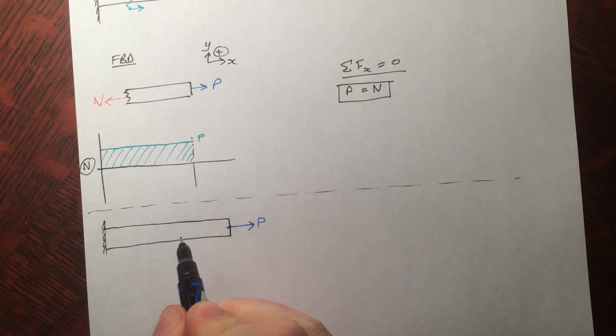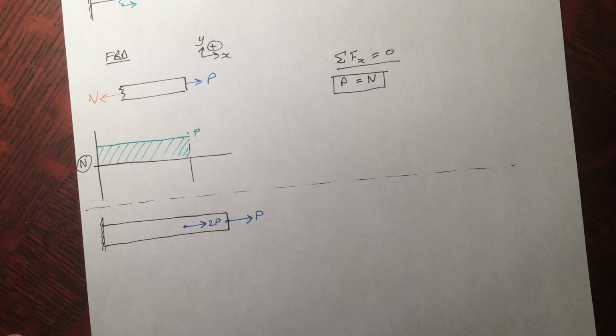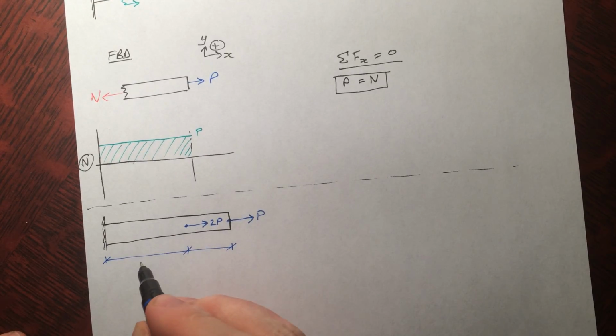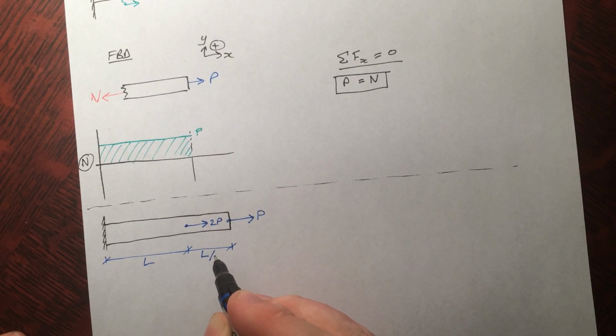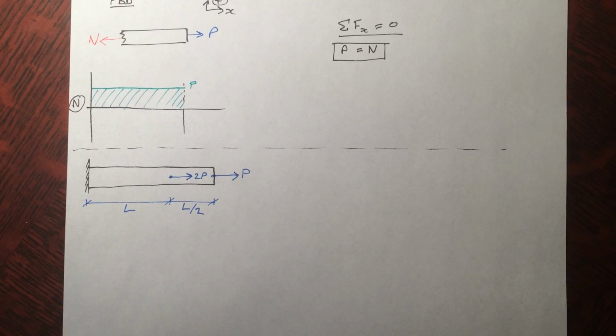And now we also have another load here of 2P. Alright. And of course we're going to need some distances here to make any sense of this. Alright, so this length here is L. This length here is L by 2. Alright, so we've drawn our clear picture.